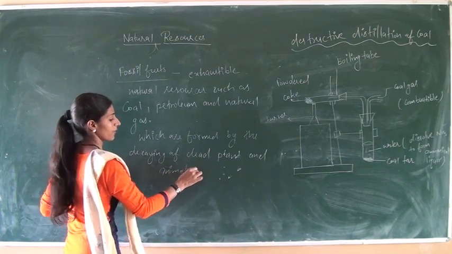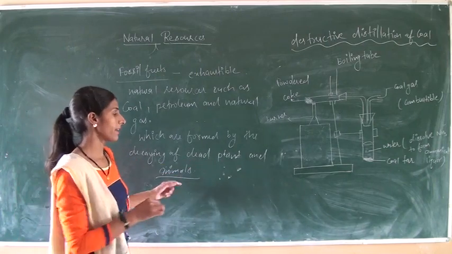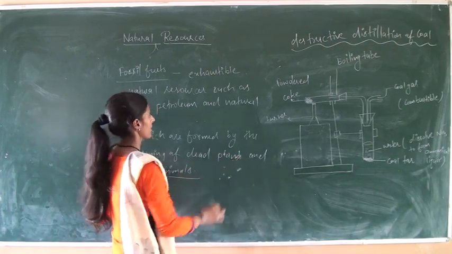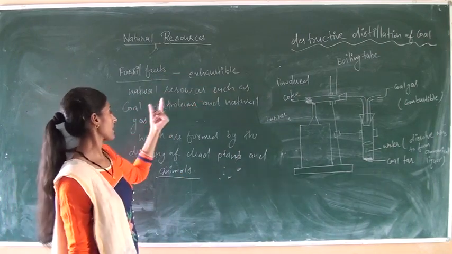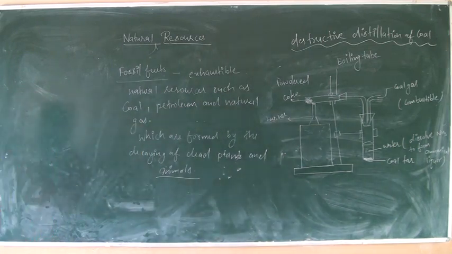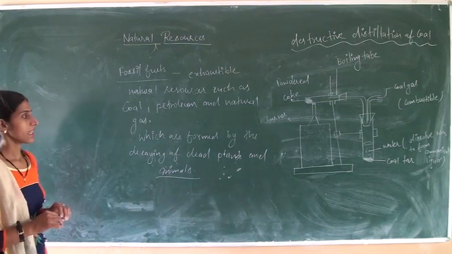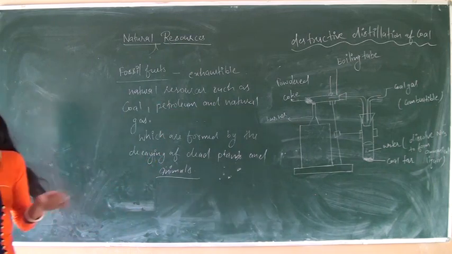Fossil fuels are formed by the degradation of dead plants and animals. What are the fossil fuels? Exhaustible natural resources such as coal, petroleum and natural gas. Coal, petroleum and natural gas are very important fossil fuels in our daily life.